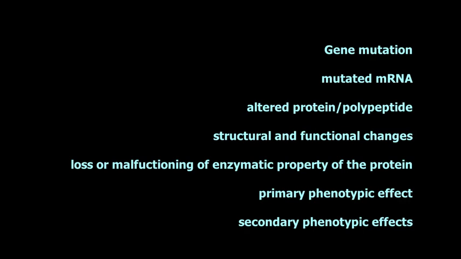And if the cases are extreme, the catalytic properties of the enzyme may be completely lost by gene mutation, and such mutations are called nonsense mutations. The primary effect of a gene mutation will always be followed by certain secondary events, as we can see in diseases such as sickle cell anemia, thalassemia, phenylketonuria, etc. And these will ultimately result in an altered phenotype, and in most cases they will be recessive in nature.